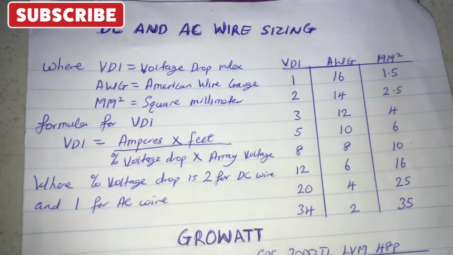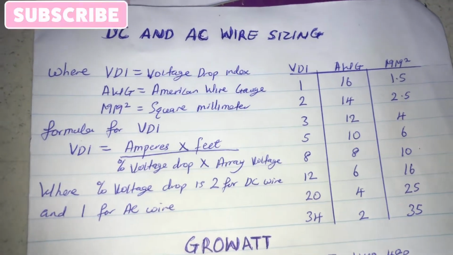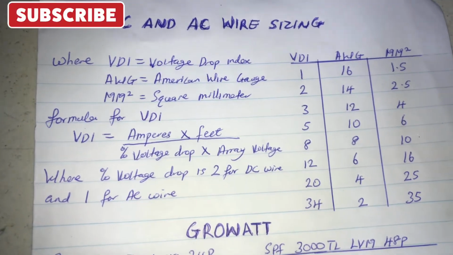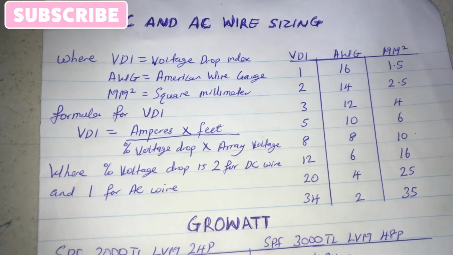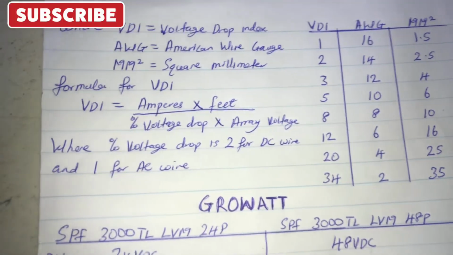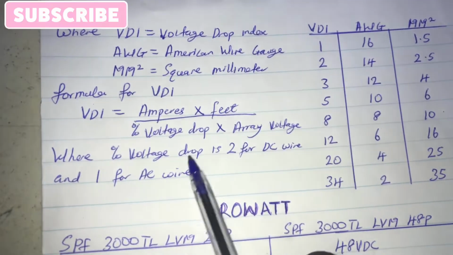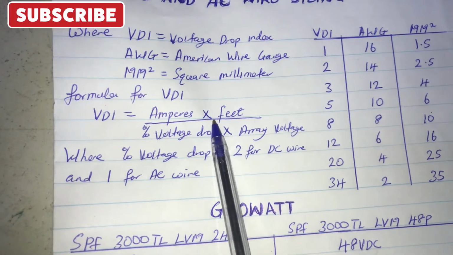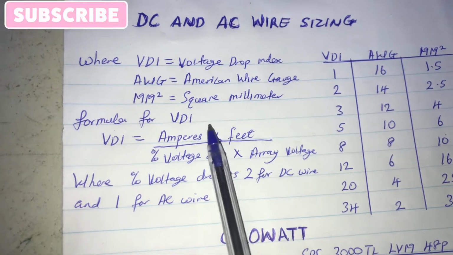That's how to size your DC and your AC wiring. Because of time, I've put all this together so the video doesn't take too long. This is the formula for the calculation, the voltage drop index, which is VDI.